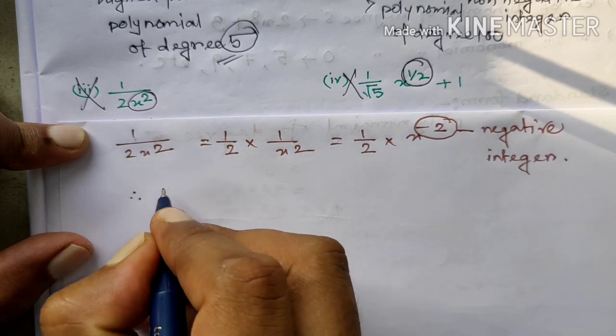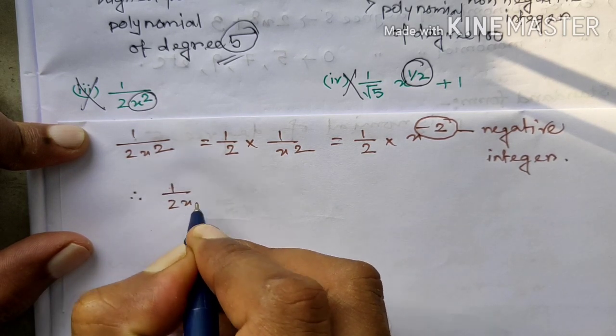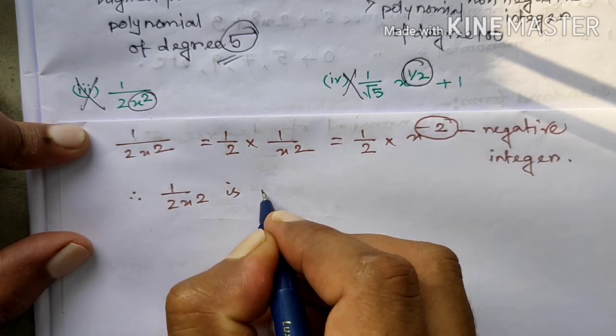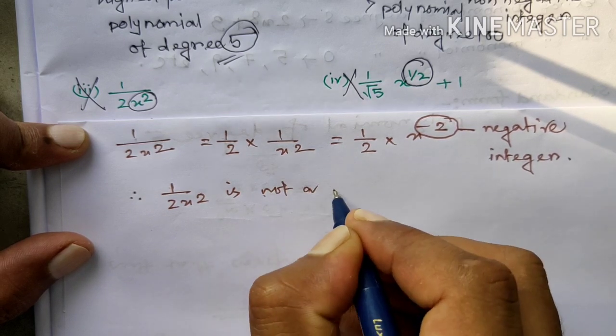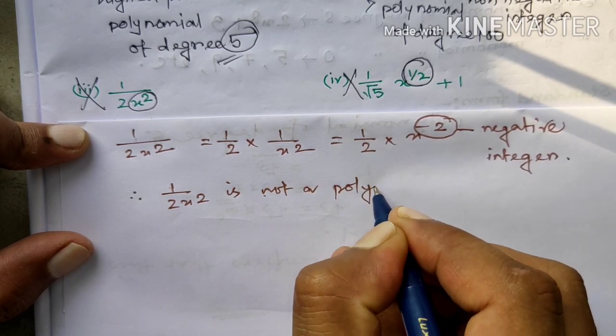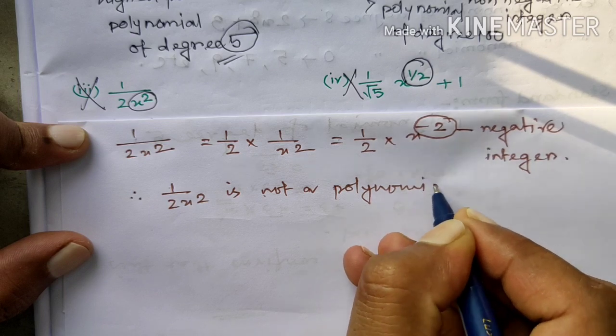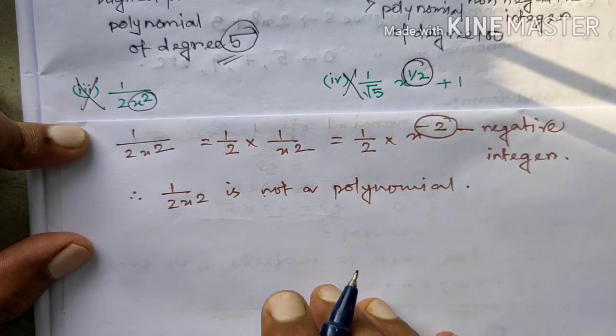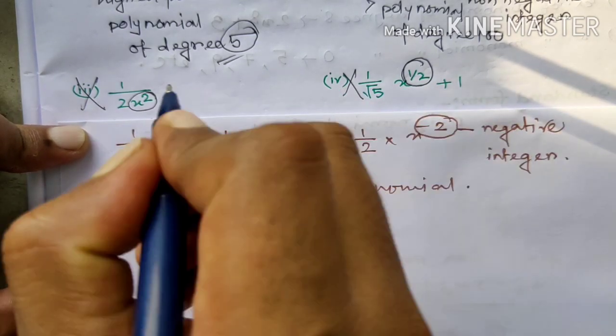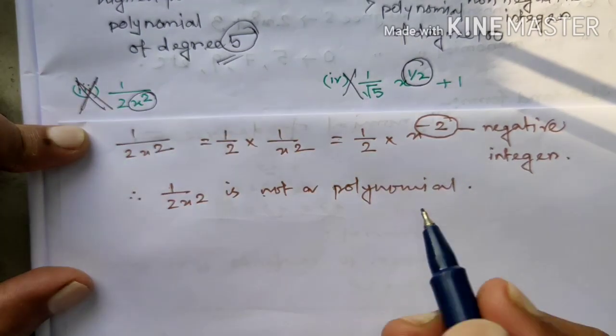Therefore 1 by 2x square is not a polynomial. Since it is not a polynomial, we can't find the degree of it.